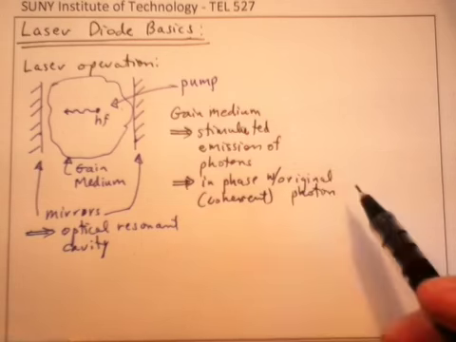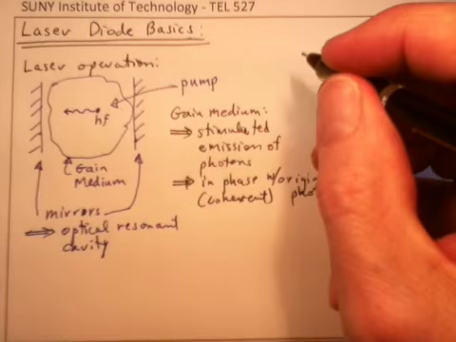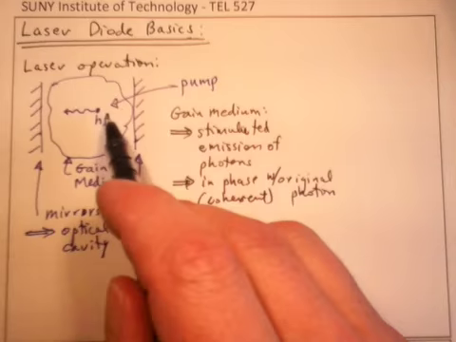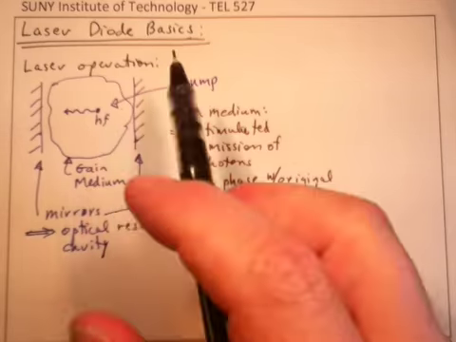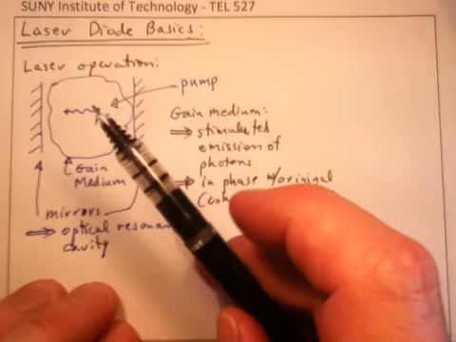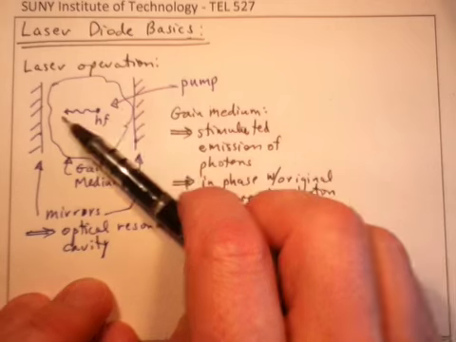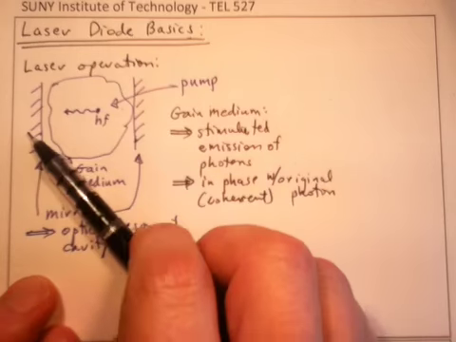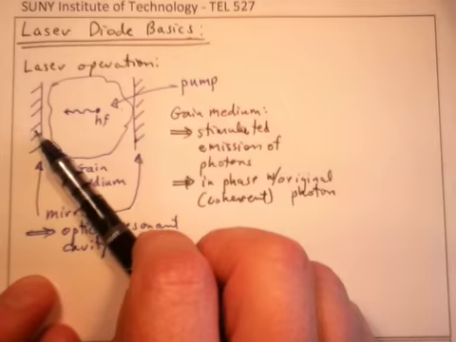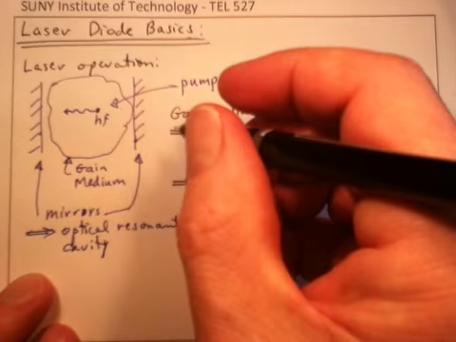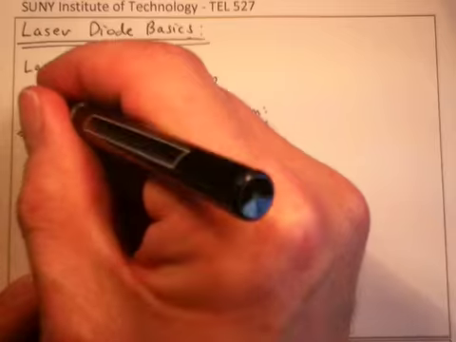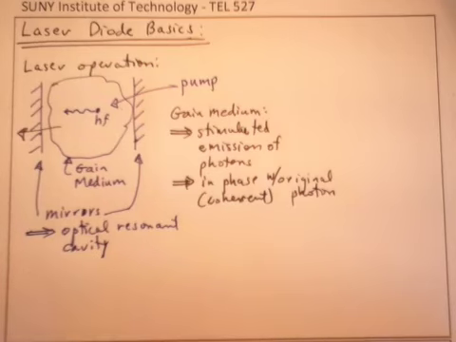Okay, so that's what a gain medium does, it causes one photon to induce more photons bouncing back and forth. And then at some point you get so many photons bouncing back and forth that one of these mirrors is only a partial reflector, and the light finally emerges out of that mirror.